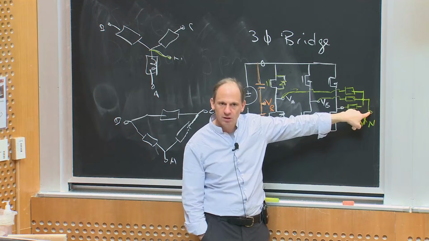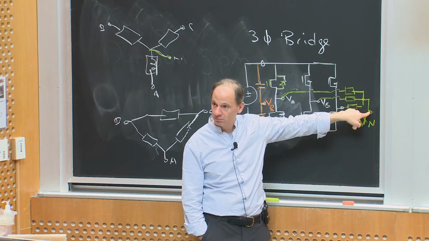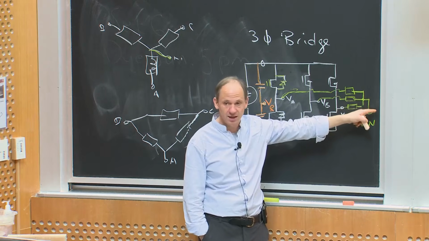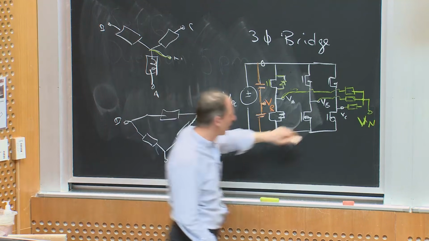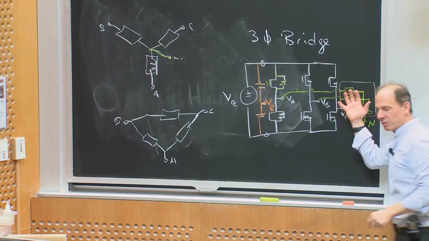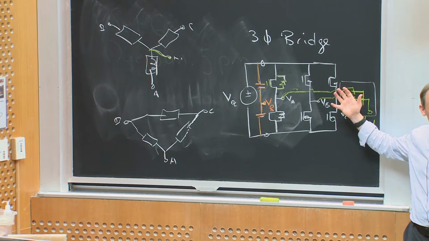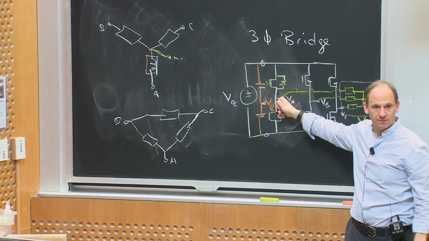This neutral, if it's a Y-connected system, we're typically leaving floating, so it's not connected to anything. Or in a delta-connected system, I drew this as if it were a Y-connected system. If it was a delta-connected system, there wouldn't even be a neutral, okay? So the neutral is not connected to this reference voltage, all right?